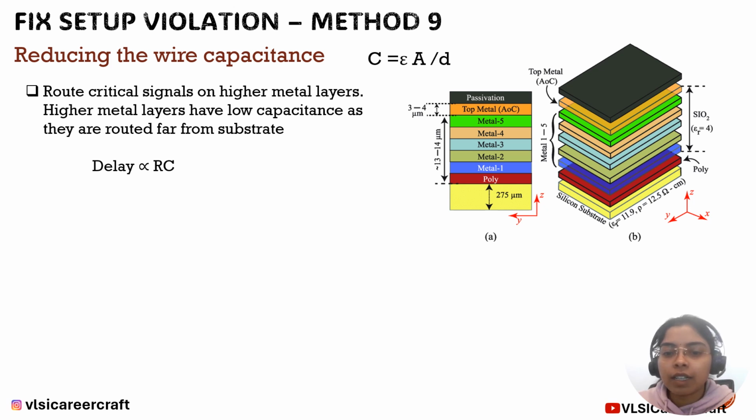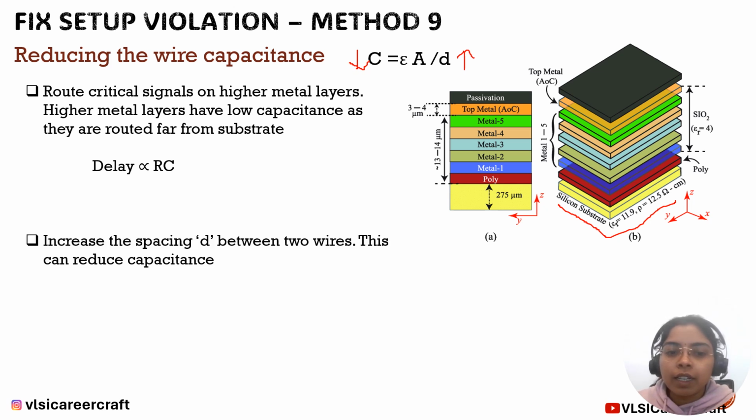If you see in this diagram, the higher metal layers are sitting far away from the silicon substrate. This is the silicon substrate, and the higher metal layers are all these. So when I increase the distance from the silicon substrate, I'm obviously reducing the capacitance. So when I route critical signals with higher metal layers, it will contribute to some reduction of the delay.